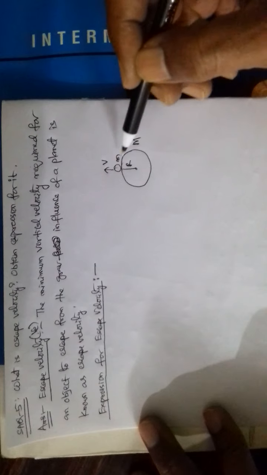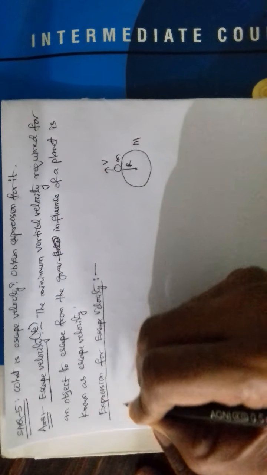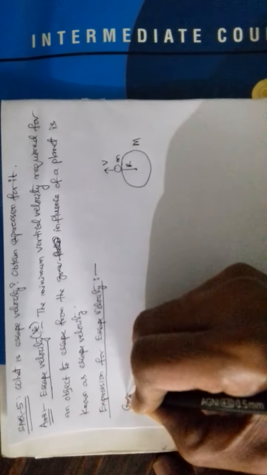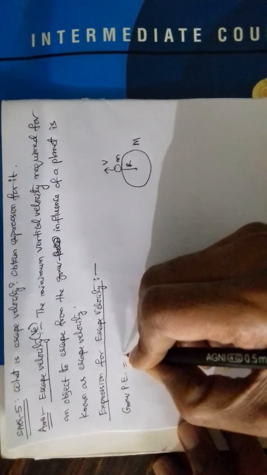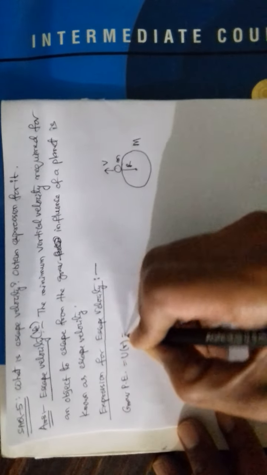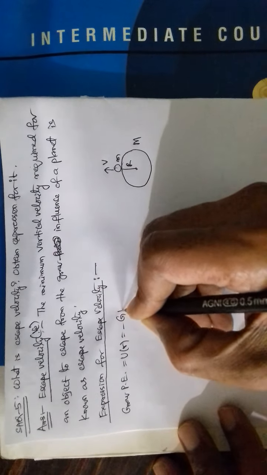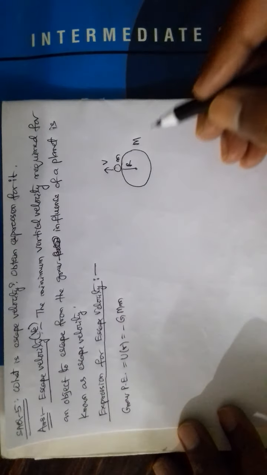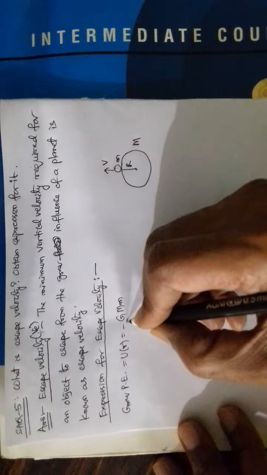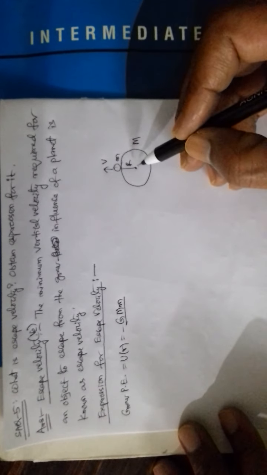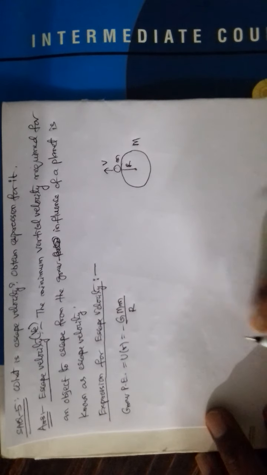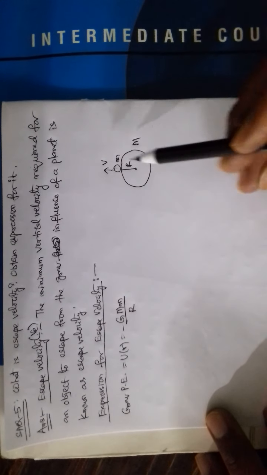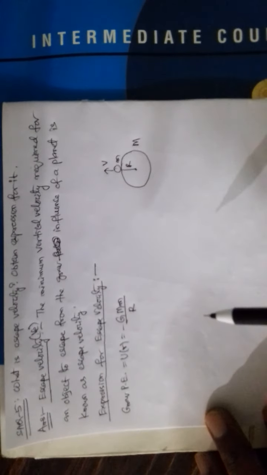So for the two particle system, gravitational potential energy U(R) is equal to minus G capital M small m by the distance between these two, R. So this system has this much potential energy.